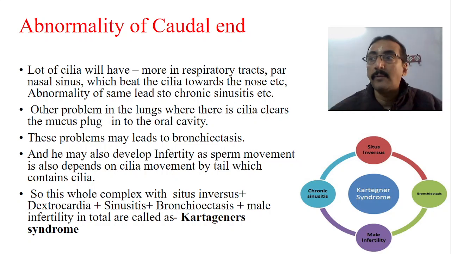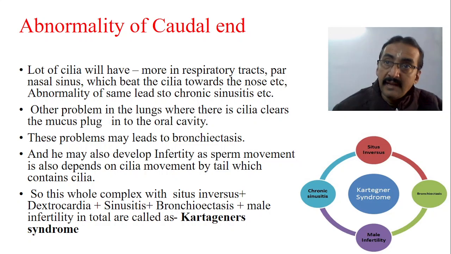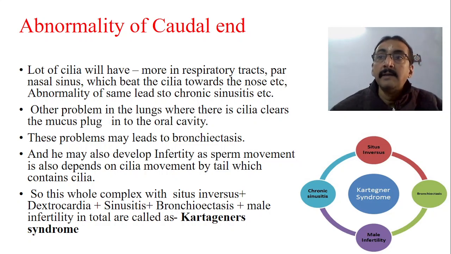So those babies who have a cilia problem from the beginning will, after birth, have one of the most common problems, chronic sinusitis, because cilia are very important structures in the respiratory tract as well as the paranasal sinus. Because of them only the secretions are driven out. That is not happening. That is one problem.